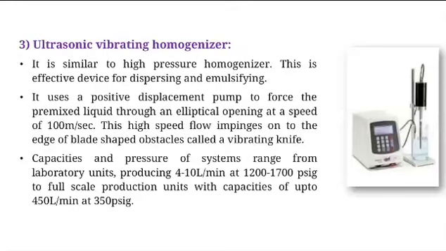Capacity and pressure of the system range from laboratory units producing 4 to 10 liter per minute at 1200 to 1700 psi to full scale production units with a capacity of up to 450 liter per minute at 350 psi.